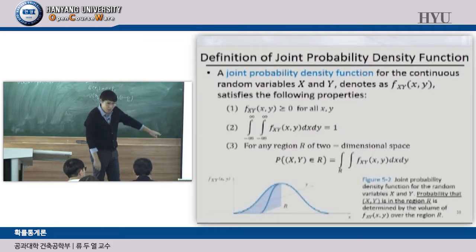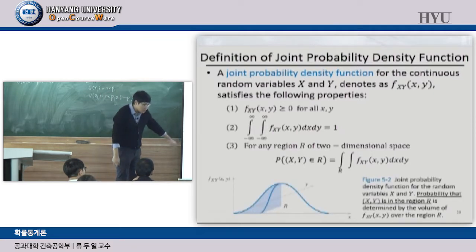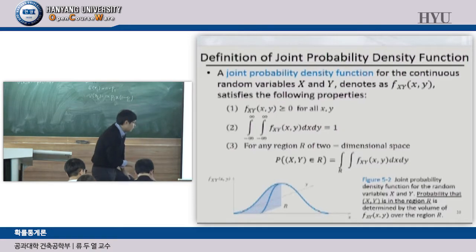And this can be explained by this figure, okay? We can say this is the continuous random variable x, and this is the continuous random variable y, and the vertical axis indicates the joint probability density function. And this is the region R, okay, the shaded area.